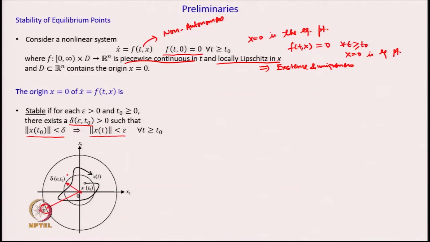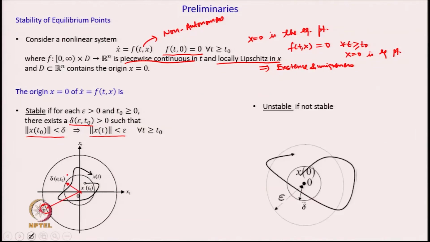So, the task here is, for each epsilon, if we can find a delta which satisfies this relation, then we say that the equilibrium point is stable. However, if this condition is not true, we say that the equilibrium point is unstable.